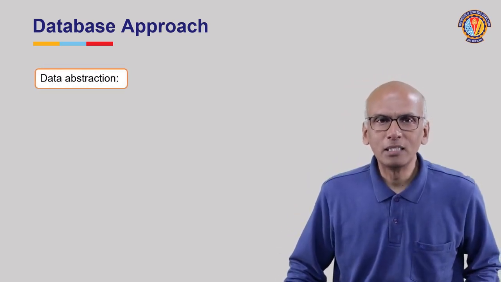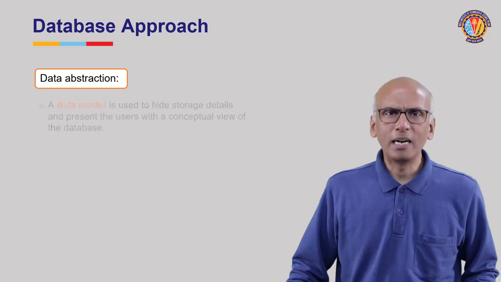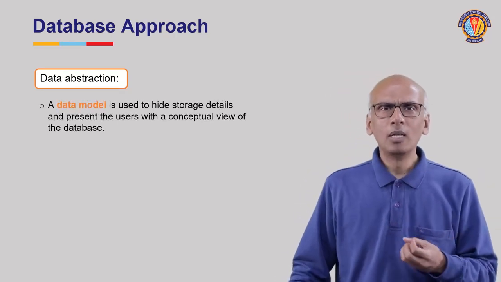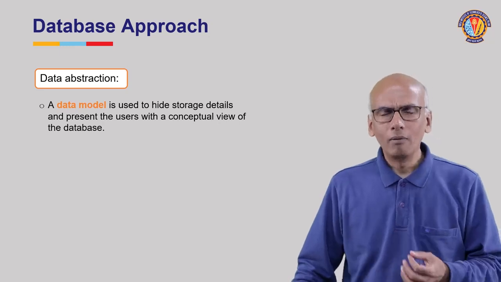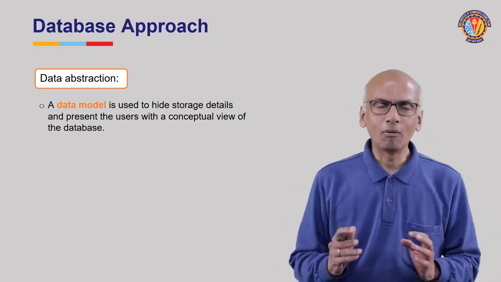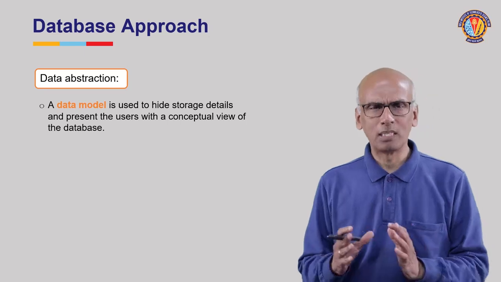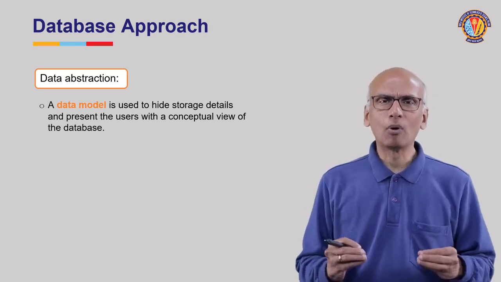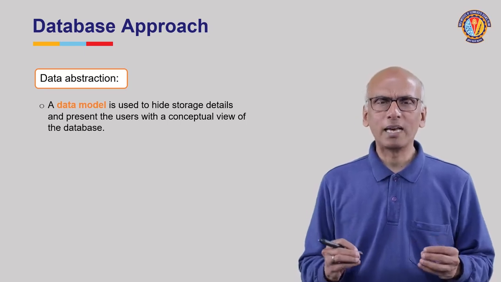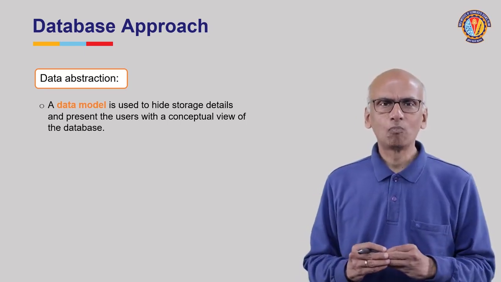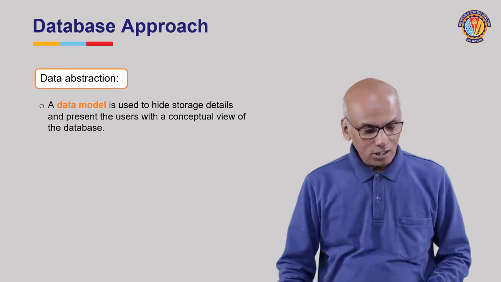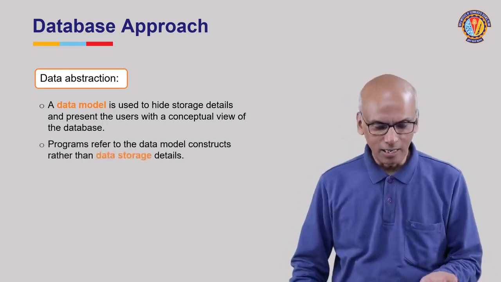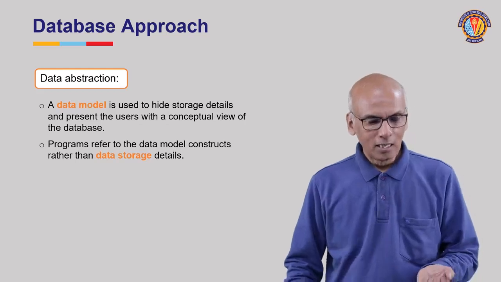What the database does is create a data model, and ensure that the user need not know the storage details unless that is required by some designer for some specific purpose. The idea is that the users or the programmers need to know only to the extent they want to work with the data, and the administrators will be able to handle the rest of the data storage and other details.